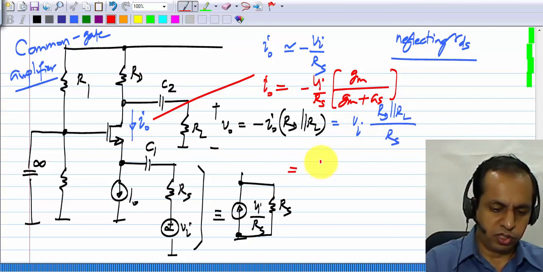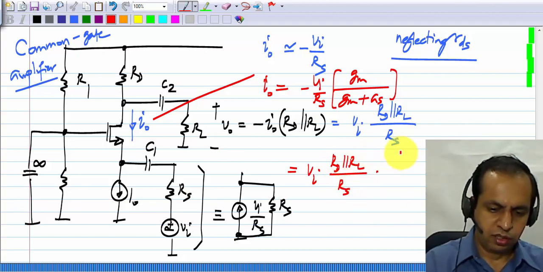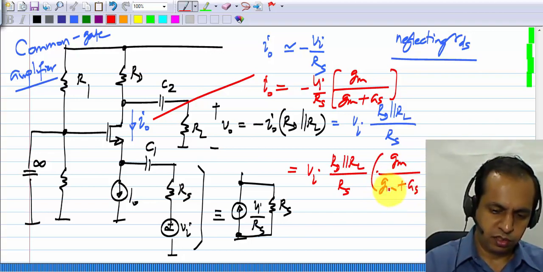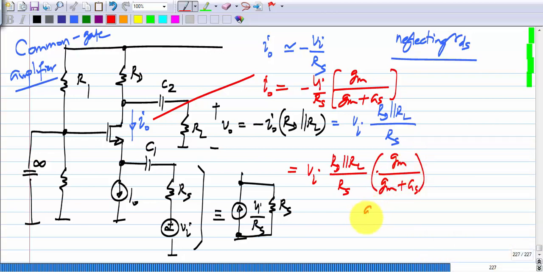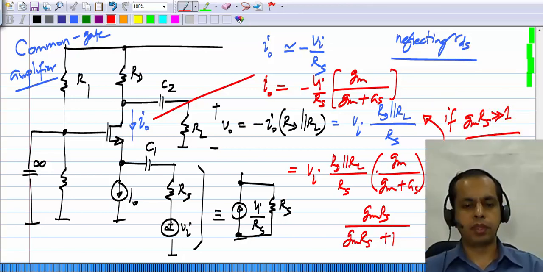So the actual output voltage will be Vi times Rd parallel RL by Rs times this Gm by Gm plus Gs, and this also can be written as GmRs by GmRs plus 1. So as long as GmRs is much more than 1, it reduces to this, if GmRs is much more than 1. Okay. So that's it about the common gate amplifier.